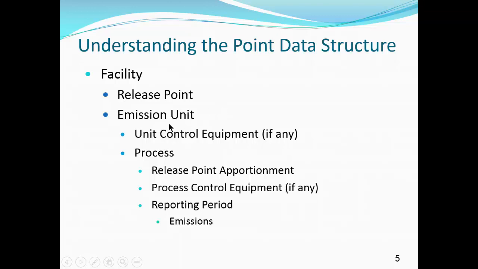Then you're going to have an emission unit. One way of thinking about the emission unit is it's sort of like what is happening at that point. So in terms of a sawmill, you're going to have various things going on at a sawmill.